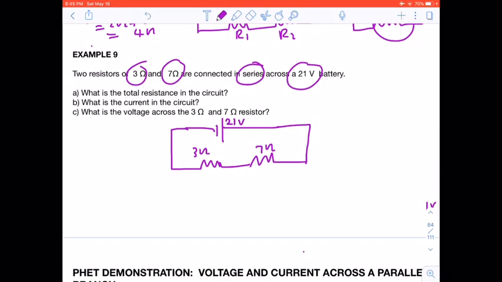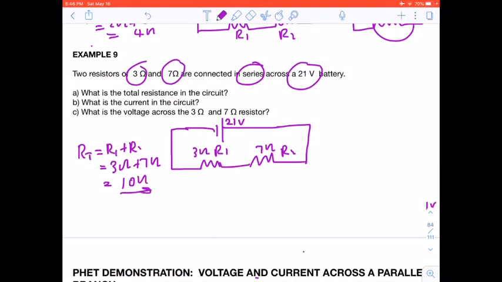So what is the total resistance? Let's call this R1 and that R2. Total resistance would be R1 plus R2, which is equal to 3 ohms plus 7 ohms, which is 10 ohms.